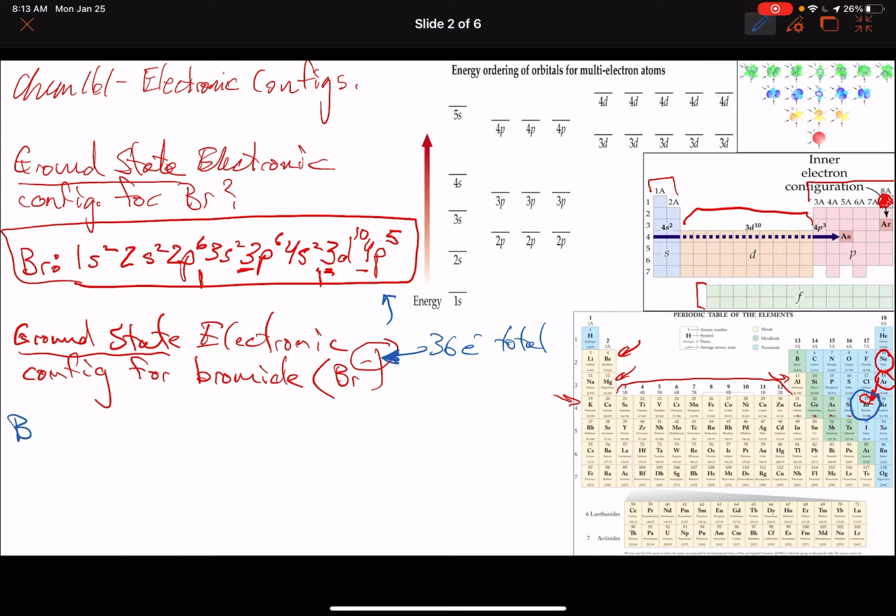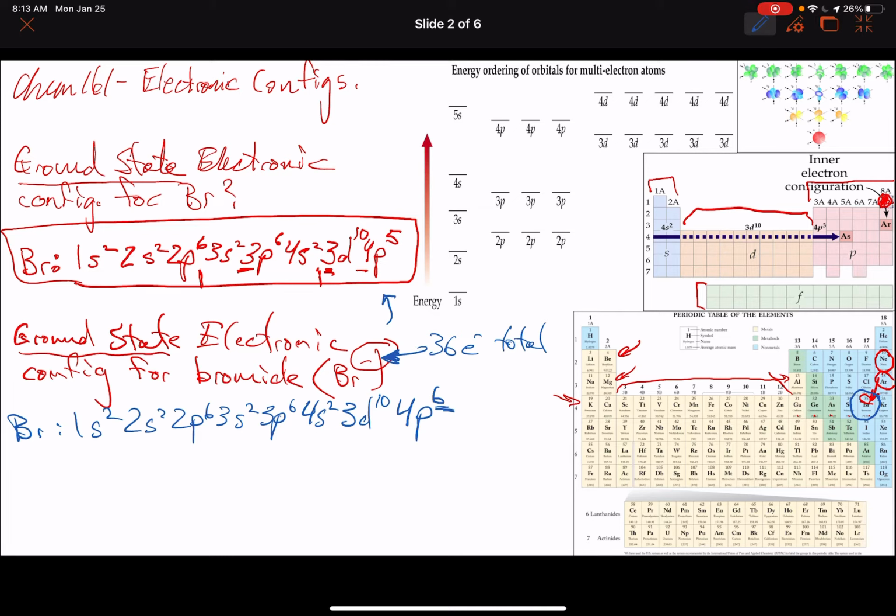So a lot of it is going to look similar. 1s2, 2s2, 2p6, 3s2, 3p6, 4s2, 3d10, and 4p6 this time to indicate that extra electron.